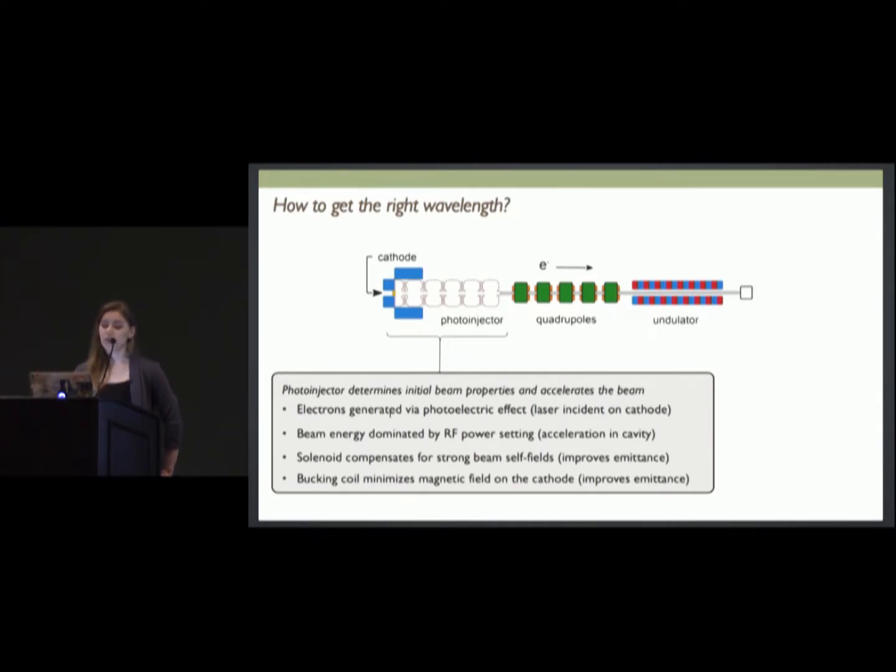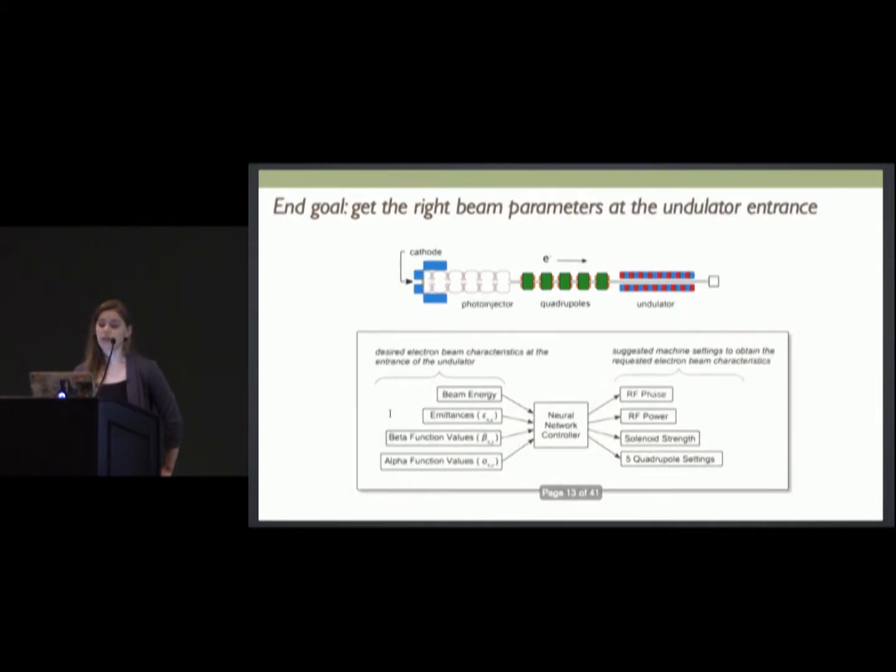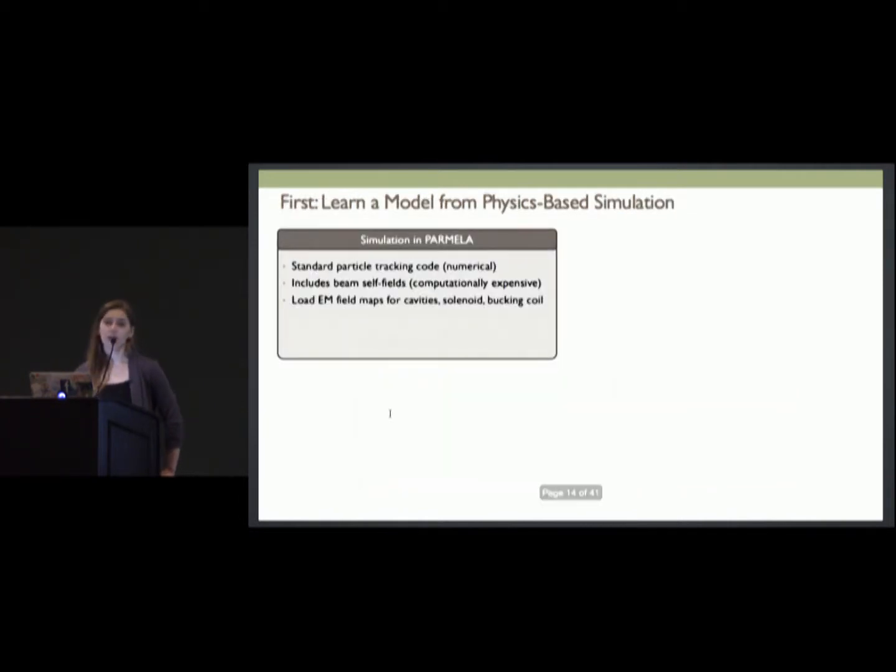You also generally have to set the RF phase and set this solenoid and bucking coil so that you are getting optimal emittance out of the injector. So the end goal here is to specify what the RF phase, RF power, the solenoid strength, and those 5 quadrupole settings should be to get specific emittances, beta function values, alpha function values, and energies at the entrance of the undulator.